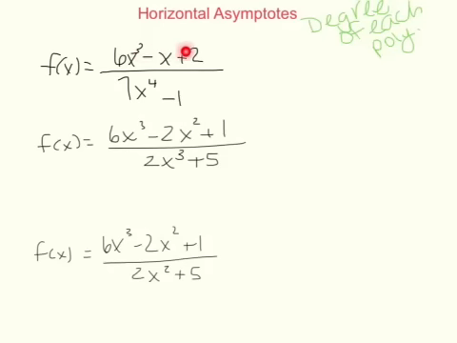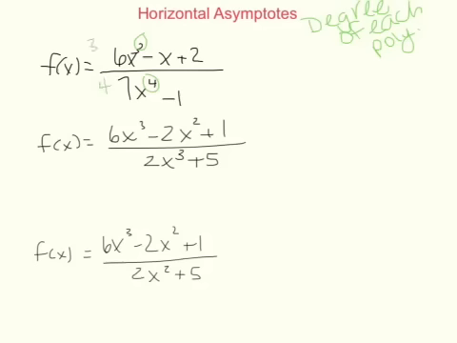So the degree of the polynomial on the top of this fraction is 3. The degree on this bottom polynomial is 4. So this is third degree, and this is fourth degree.